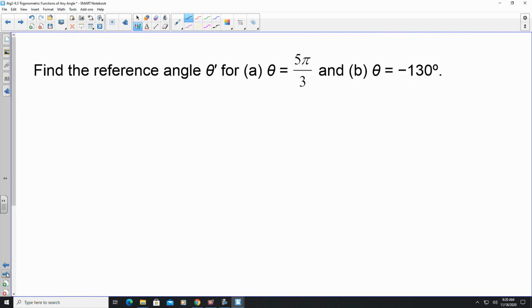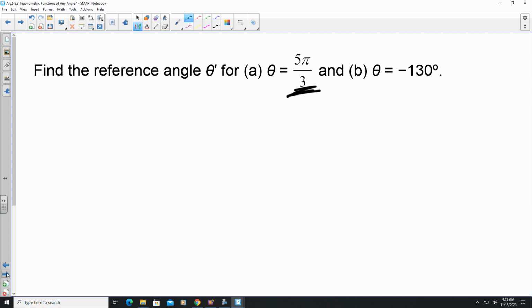So they were asking you to find a reference angle for these two angles. One is 5 pi over 3, and the other one is negative 130 degrees. There's two things that I like to do with these different examples. First off, I like to make all my radians into degrees. It's just easier for me to identify where they're located.